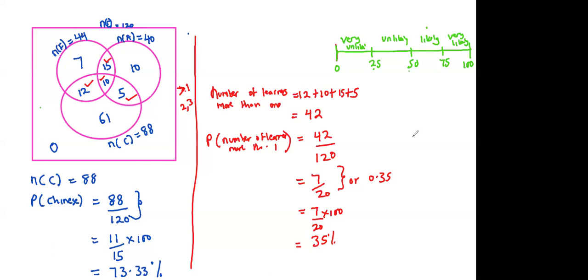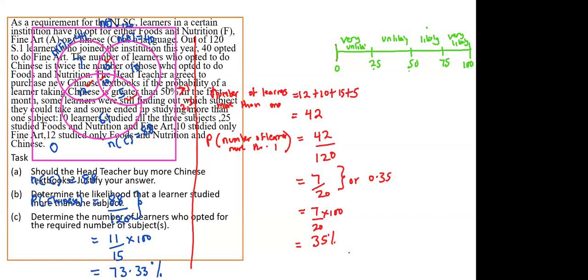I conclude by saying it is very unlikely, going back to the question. I conclude by saying it is very likely that a learner studied more than one subject.